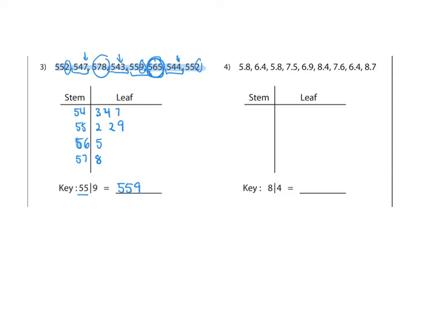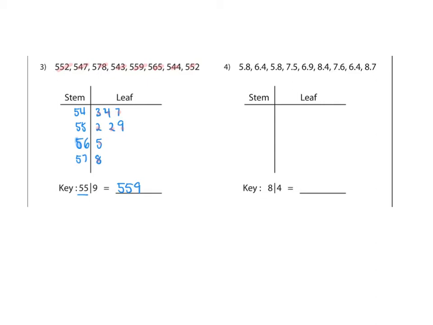When we're checking that we have done everything correctly, you probably want to check that your leaves match the amount of numbers. If you look, 1, 2, 3, 4, 5, 6, 7, 8, there's 8 numbers. And there's 8 leaves, so I've done that correctly.